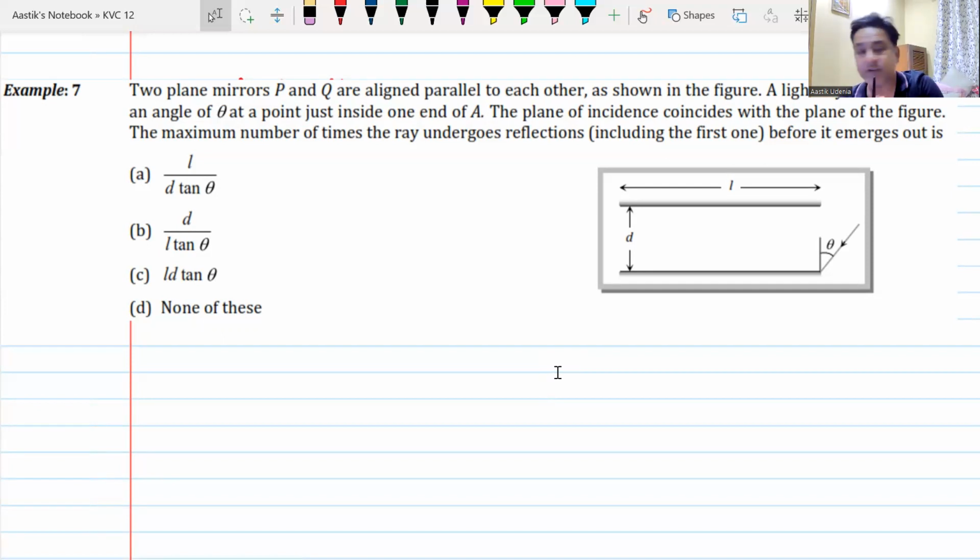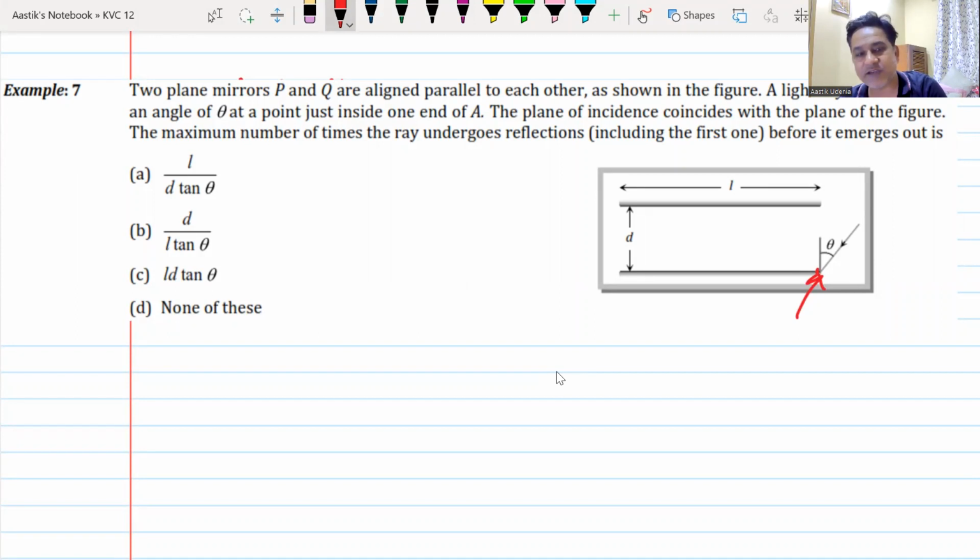Two plane mirrors P and Q are aligned parallel to each other as shown in the figure. A ray of light is incident at an angle theta at a point just outside one end of A. As you can see here, this is where the incident ray strikes at this point at an angle theta. The plane of incidence coincides with the plane of the figure.